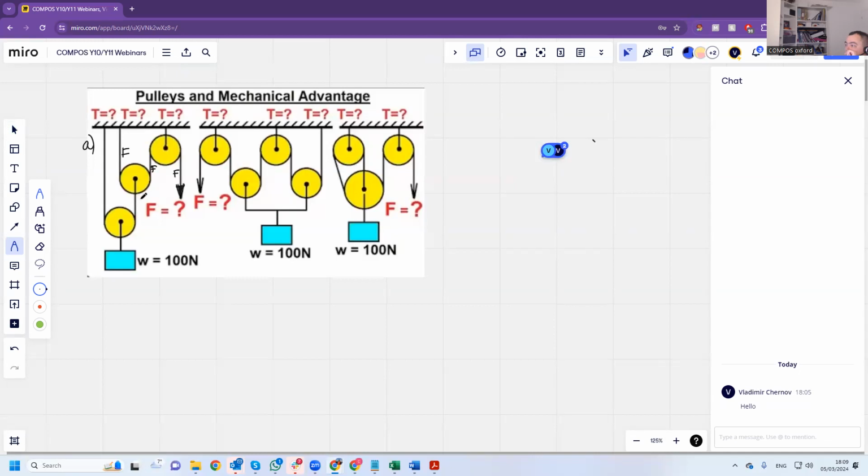Does this make sense? Because it's the same rope, the tension along the rope is always the same. Because we're pulling the rope with a force F, the tension in the rope is F. Tension F, tension F.